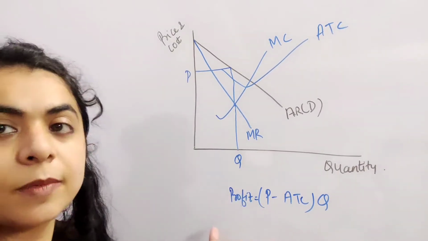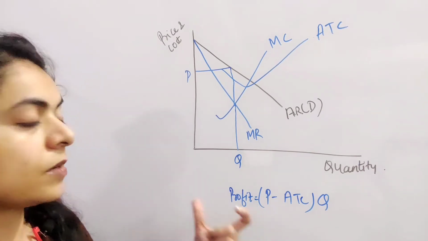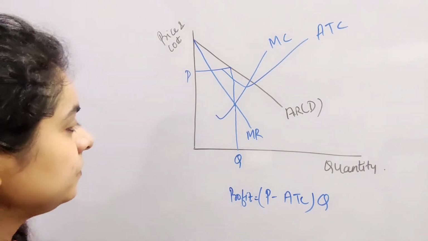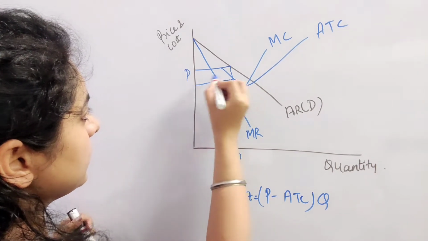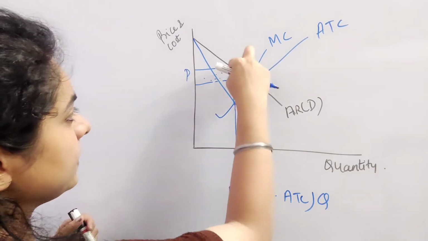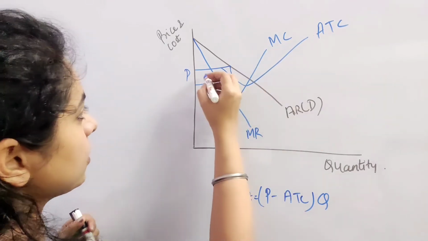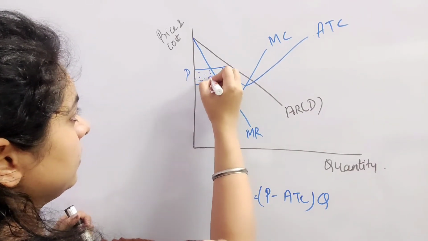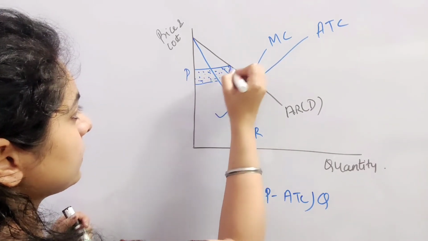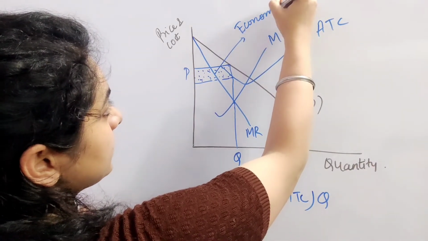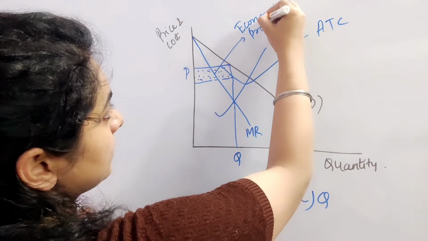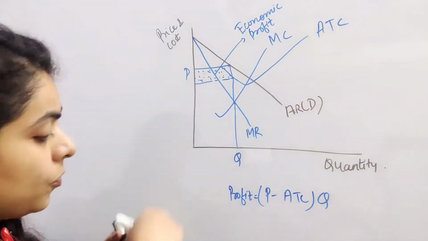This I have explained in my earlier video, and the link for the same I have shared in the description. So we can say that this shaded portion, price minus average total cost multiplied by number of units, represents the economic profit for a single price monopolist.